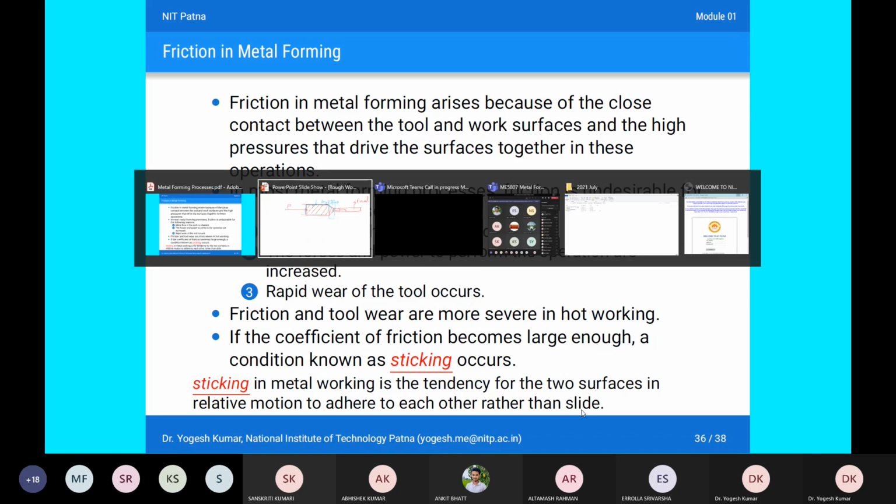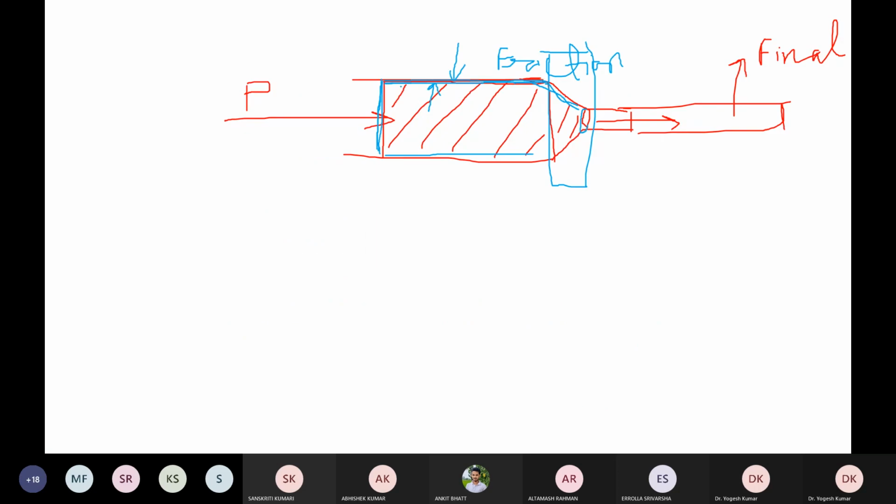So instead of these two surfaces sliding in the desirable direction, they stick to each other. In this condition, your material flow gets blocked. The material is not moving in your desired direction due to the large amount of frictional force.